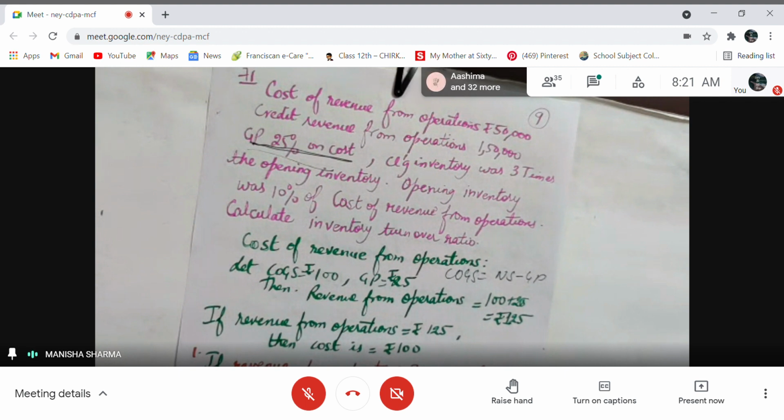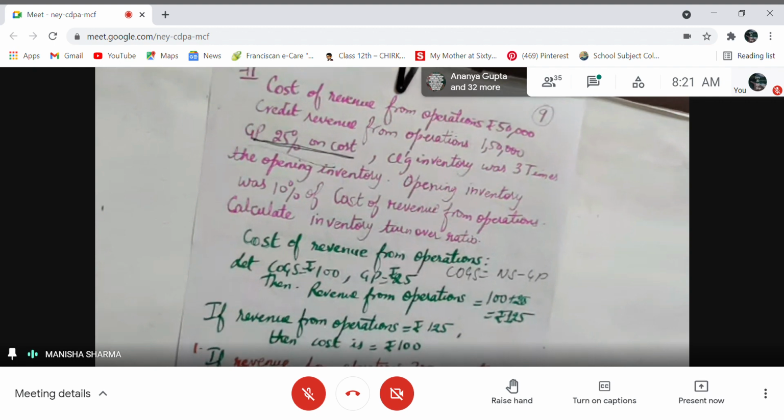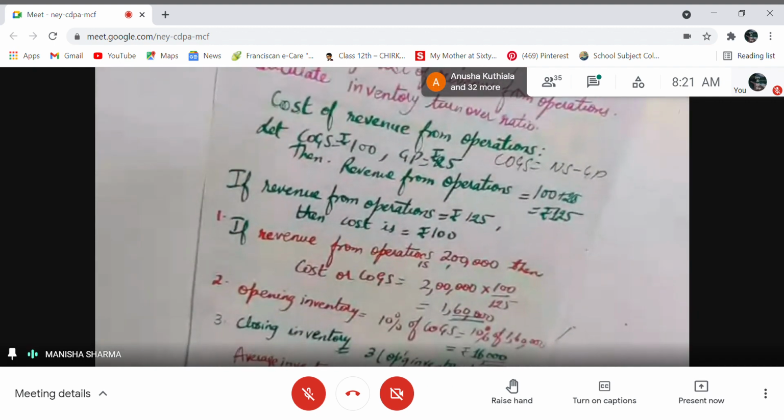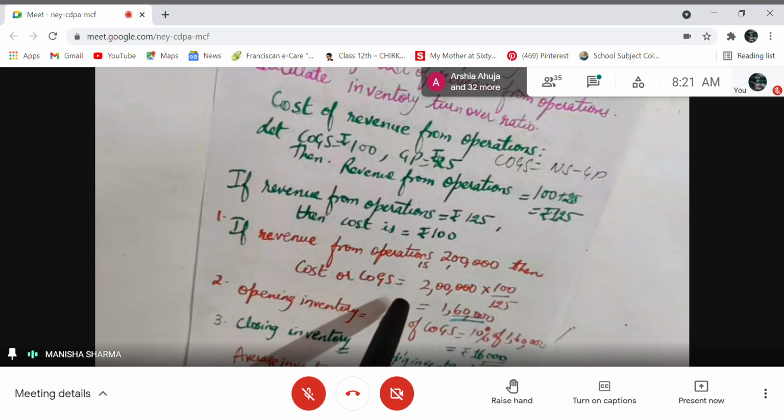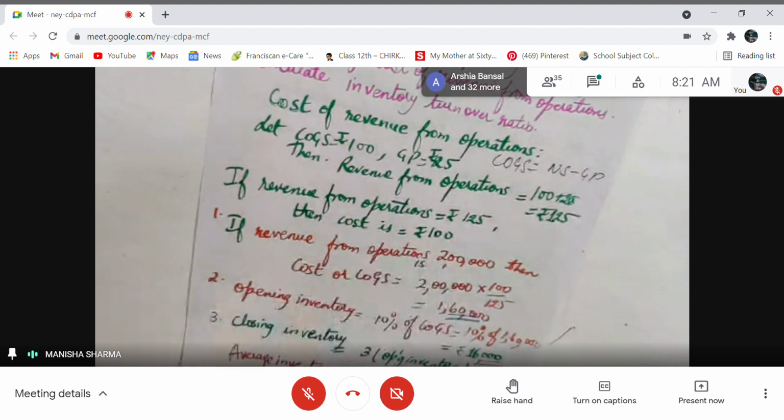Then if COGS is 100 when net sales is 125, then for the revenue from operation given in the question, which was 2 lakhs, cost of goods sold will be 2 lakh into 100 upon 125. This is the main thing, right?